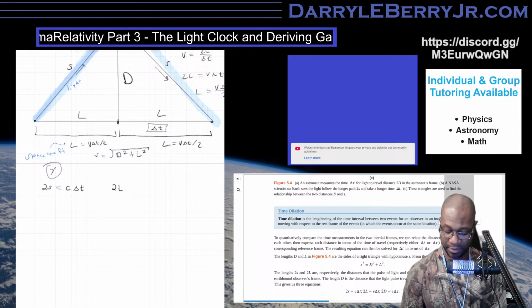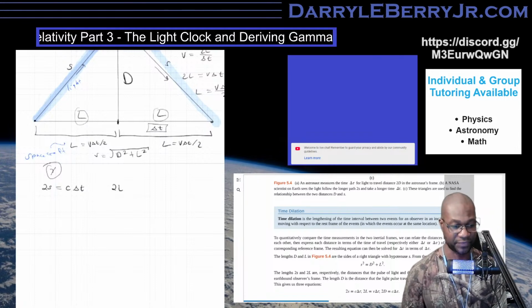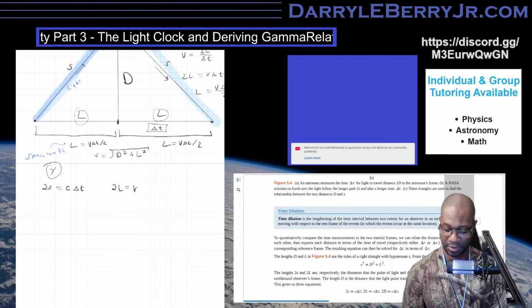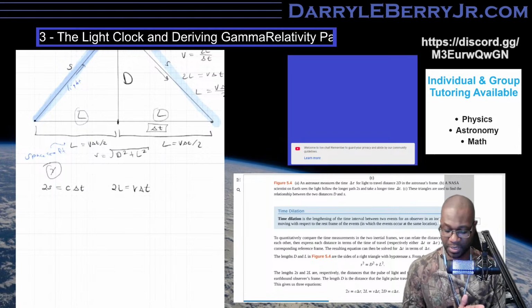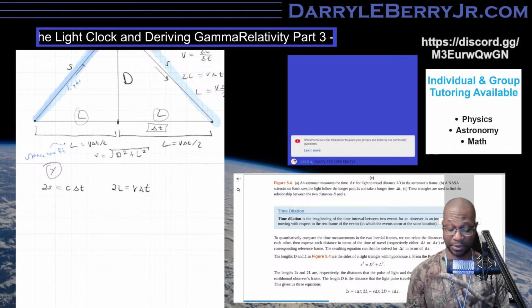We have 2L, which is these two distances here that the spacecraft is moving straight, equals v, which is the speed of the spacecraft, times change in t. Because again, the person on the ground is measuring the spacecraft going a certain amount of time. It's taking a certain amount of time to get from place A to B.